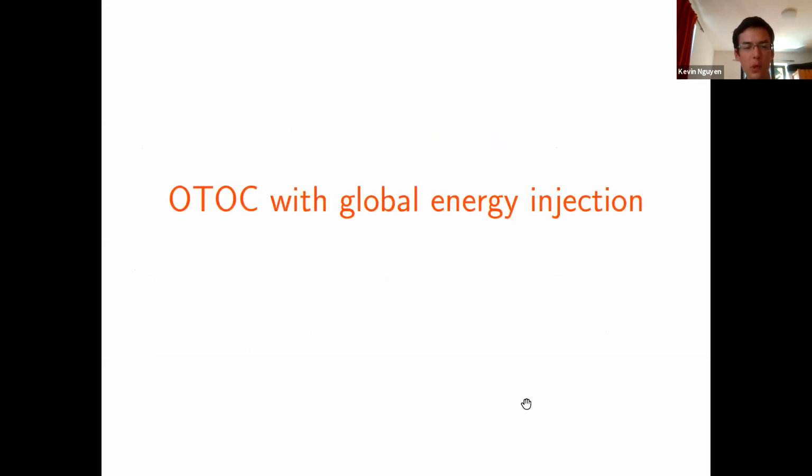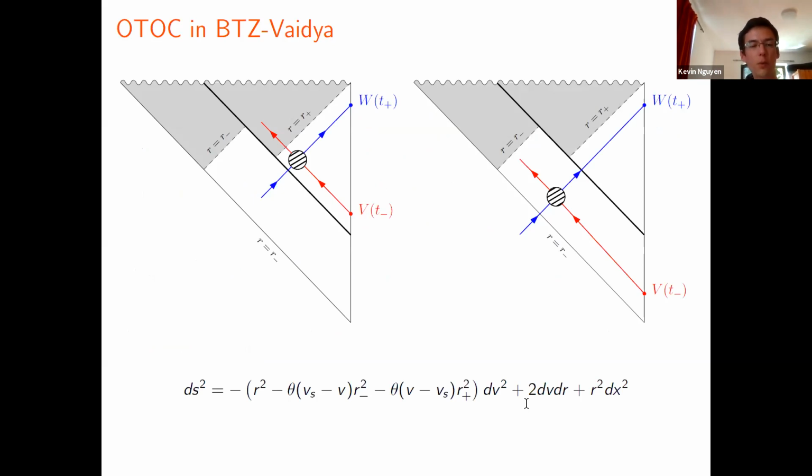Okay. So now we have this new way of computing OTOCs, and we're going to apply it to a quench state in the CFT, or in gravity, to this BTZ-Vaidya spacetime, where you start from some black hole at some initial temperature, and then you inject dust matter from infinity, which means that the black hole will grow and heat up to some higher temperature. We're going to compute the OTOC in this background.